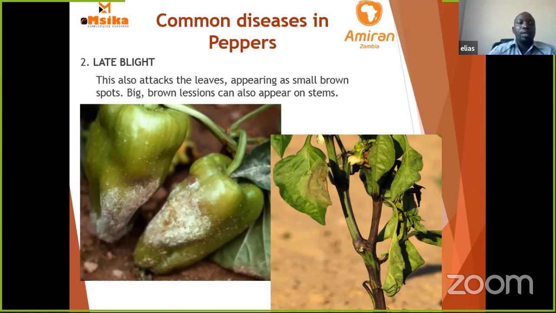So late blight can be controlled by chemicals like Victory, which is a combination of metalaxyl plus mancozeb. Then we can also use dimethomorph to control the late blight. Then you can also use Othelotop, which is a combination of difenoconazole plus azoxystrobin. So with those chemicals in place, you'll be able to control the late blight.